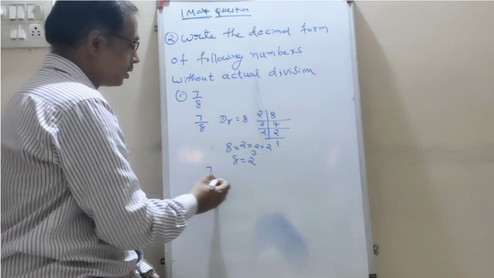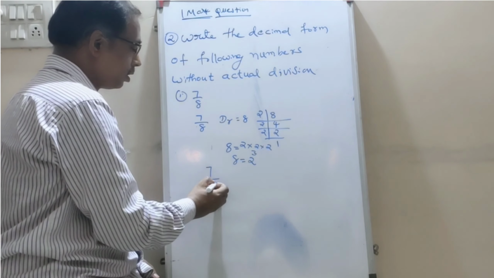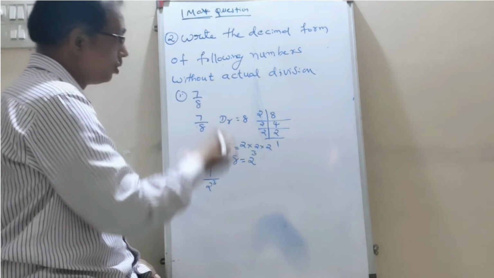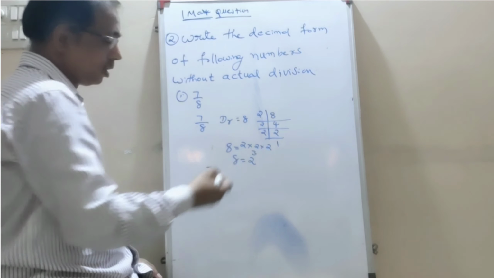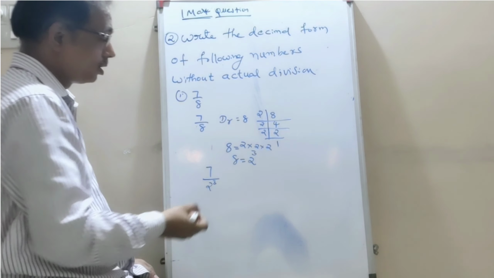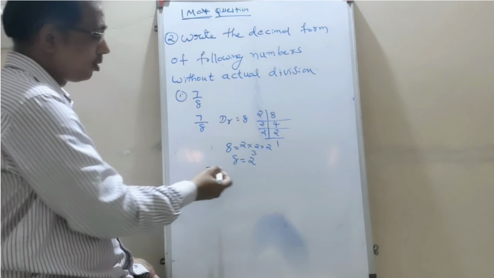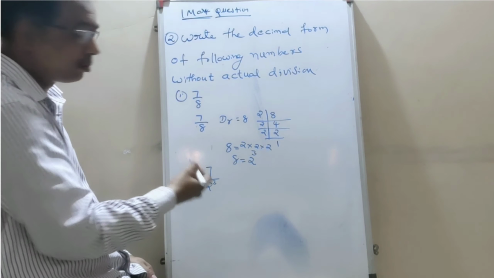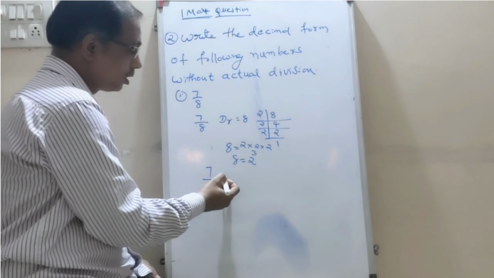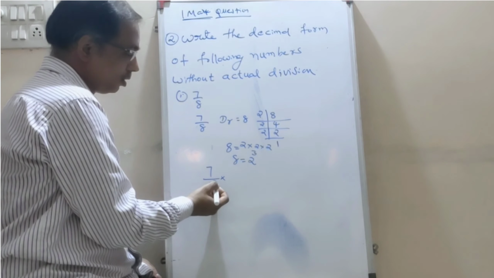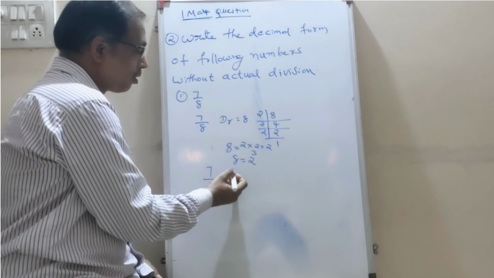So we can write it as 7 by 2 cube. To get the decimal, in the denominator we have to get 10 multiples, that is 10 power 1, 10 power 2, 10 power 3, like that. So to get those 10 powers in the denominator, multiply 2 cube by 5 cube.